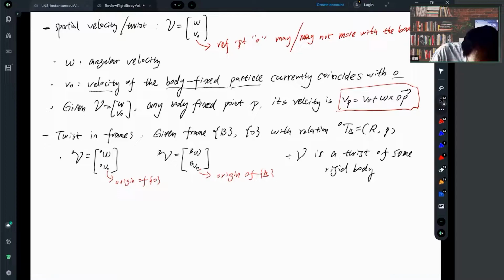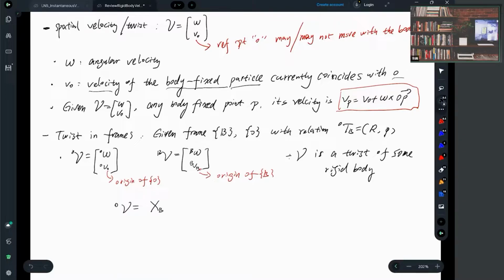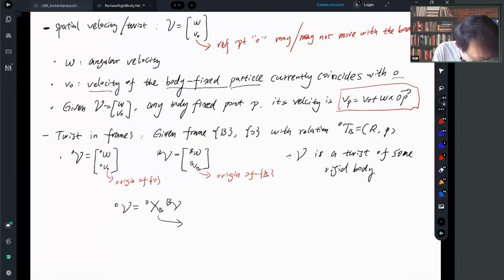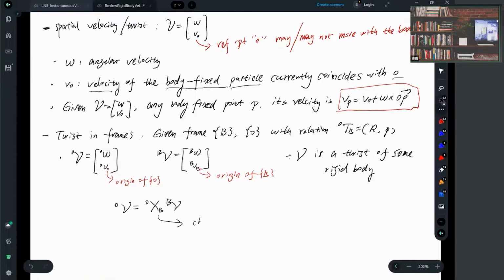They are related by V_O equal to the change of coordinate from B to O for twist times V_B. We derived that in lecture 2, and you should review it. This is the change of coordinate for twist.